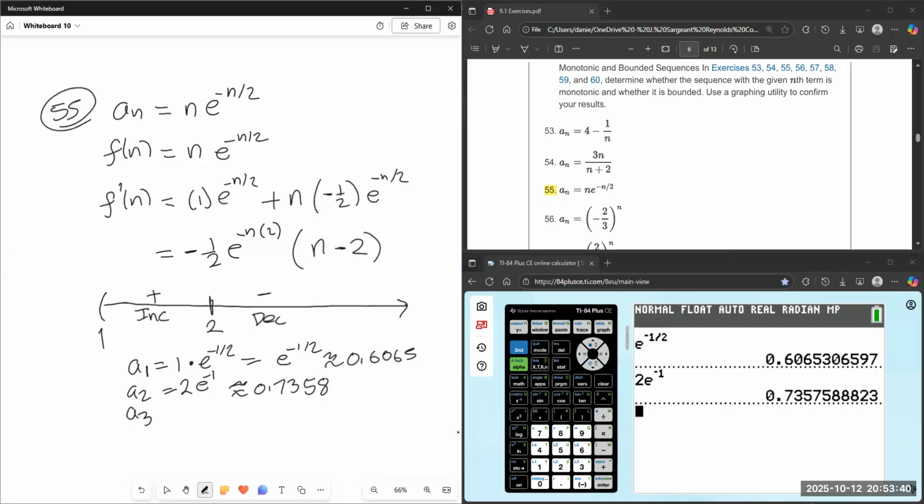And then A3 is 3 e to the negative 3/2, and this is going to go back down to approximately 0.6694. So see that this is increasing and then decreasing, so not monotonic.